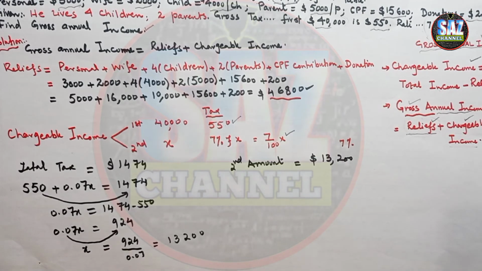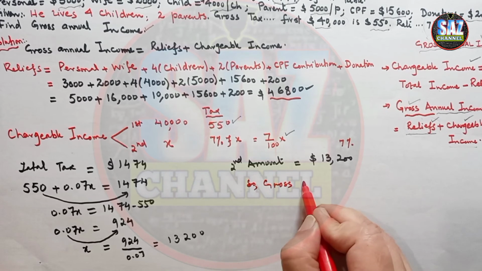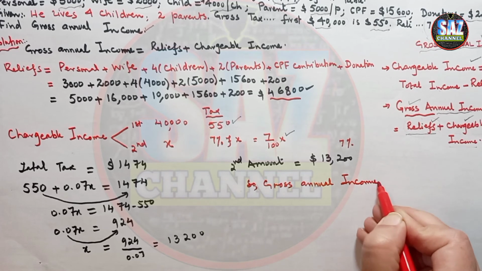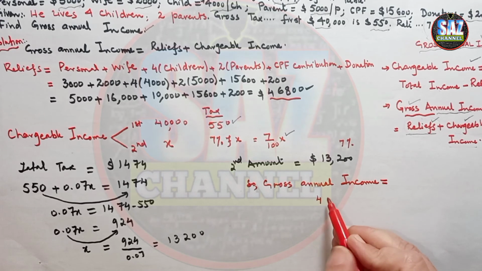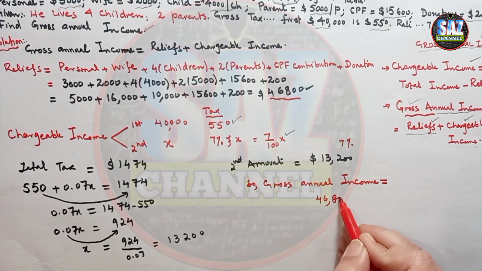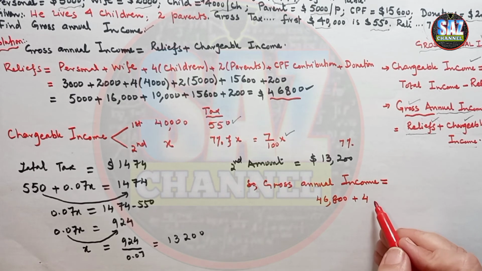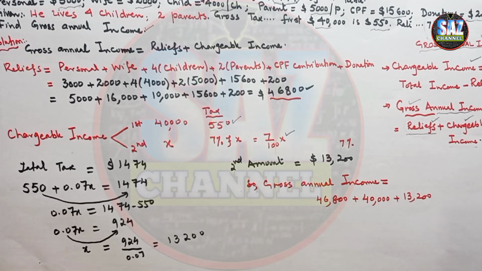$13,200. Now, in order to find the gross annual income, gross annual income will be equal to total reliefs, that is 46,800, plus the first 40,000 on which he is paying the tax of $550, and the second $13,200 on which he is paying the tax of 7%.